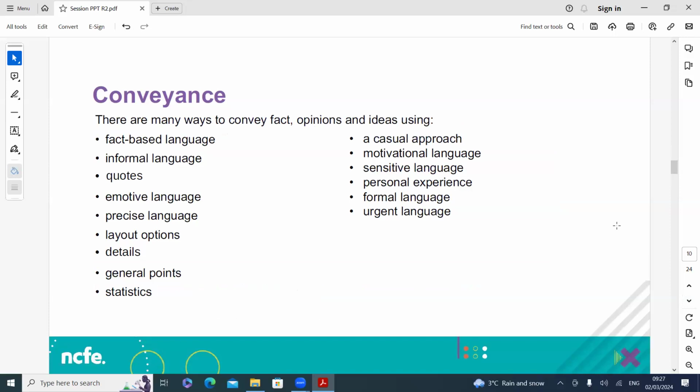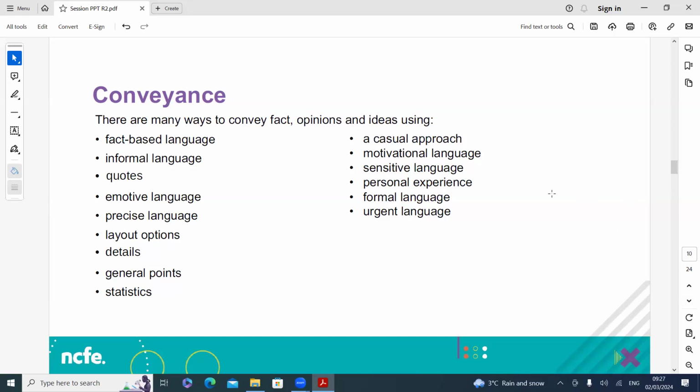Fact-based language, informal language, using quotes, emotive language, precise language, the layout of the text, the details given, general points, statistics, casual approach, so more speech-like usually if it's a casual approach, motivational language, so things like let's do this, we can change the world, things like that. Sensitive language, personal experience, formal language and urgent language. We must do this now.